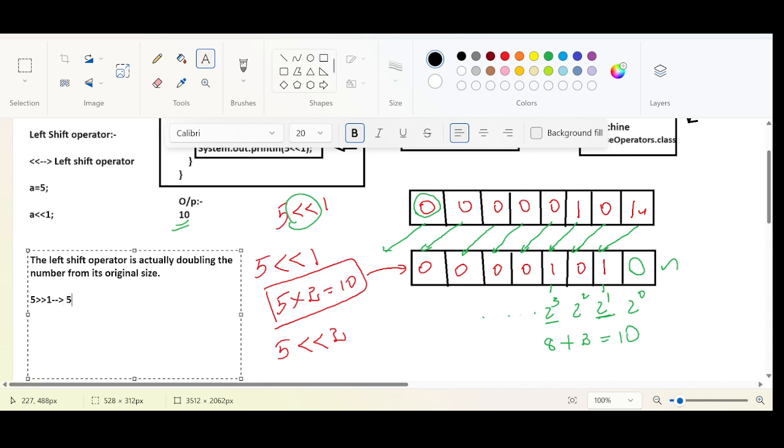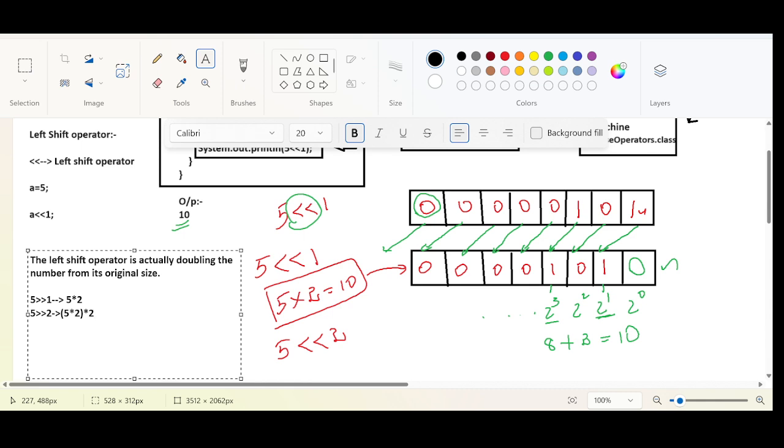So 5 into 2, I can say. If I do 5 left shift of 2, I can say 5 into 2 to the power of 2, or I can say 5 into 2 first, then the answer is again getting multiplied with 2.